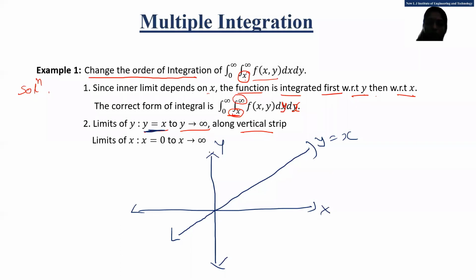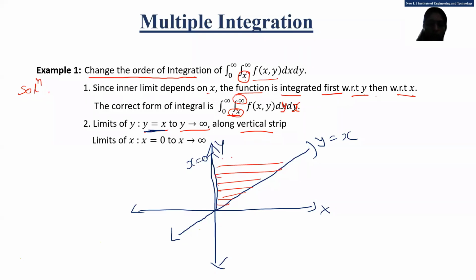Y tends to infinity means there is no limit for y. X equals 0 means the y-axis, and x tends to infinity. So dear students, what is the region of integration? The region of the integration is this.